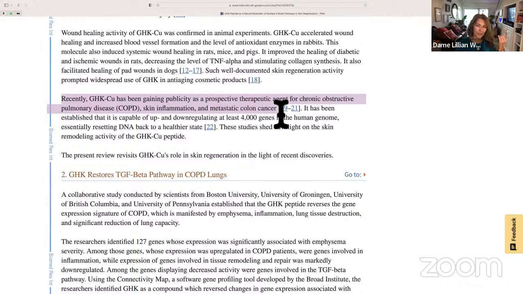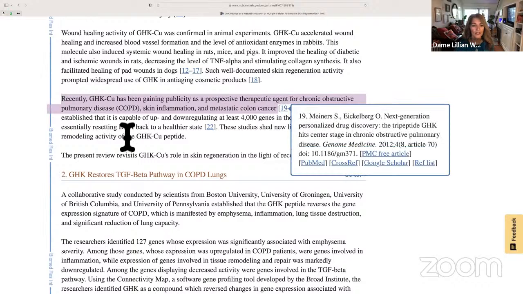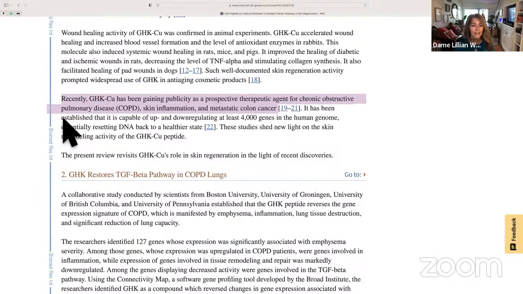As you can start to put 2 + 2 together, you can see how GHK-Cu is going to affect all the different aspects of the body. Anywhere where you have skin, outside as well as inside your body, all the tissues are going to benefit from this. And this is very exciting to read about in this paper.